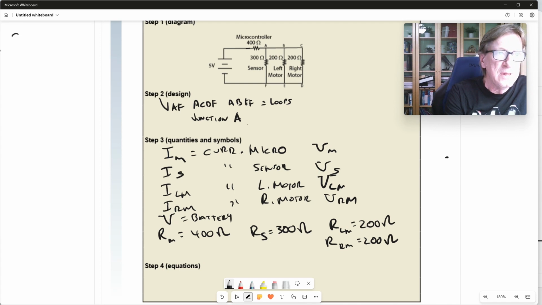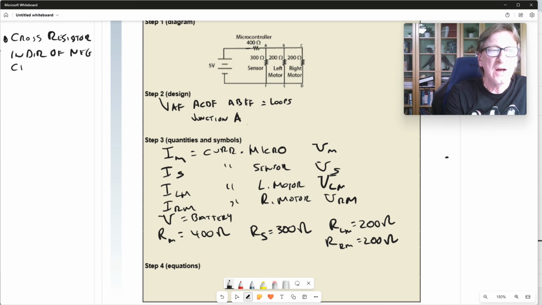So if we cross a resistor in the direction of the negative charges, which is not the current, that's the opposite direction from the current, be very careful about that, then the change in voltage is going to be positive.